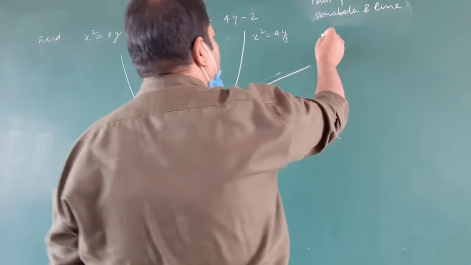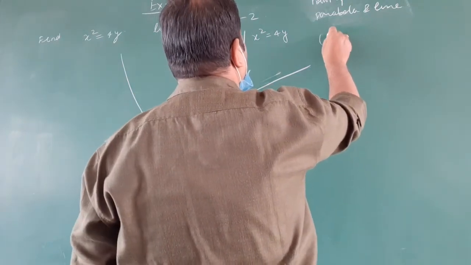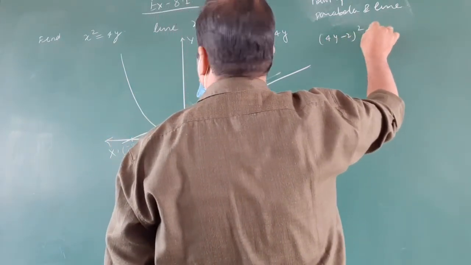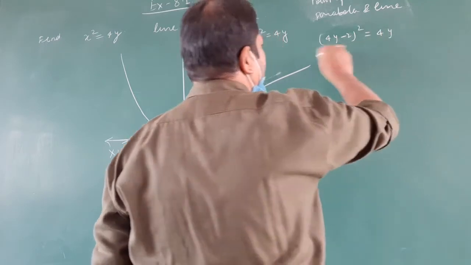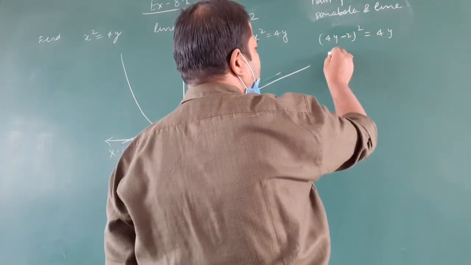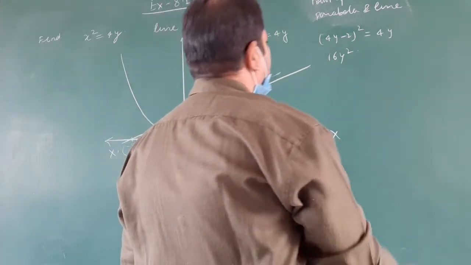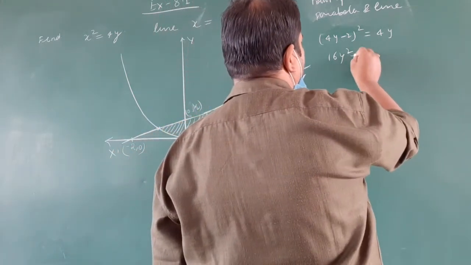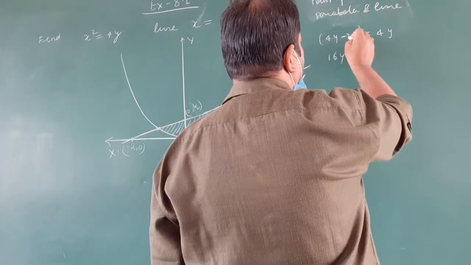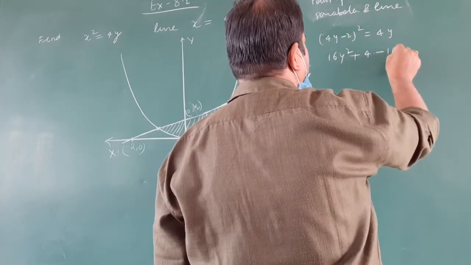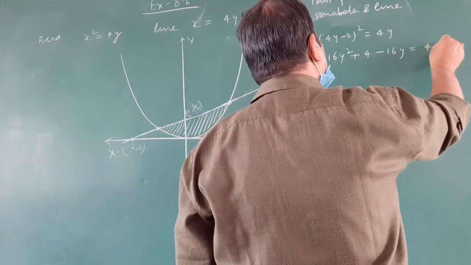So put here x is equal to 4y minus 2 whole square is equal to 4y, and this is nothing but 16y square plus 4 minus 16y is equal to 4y.